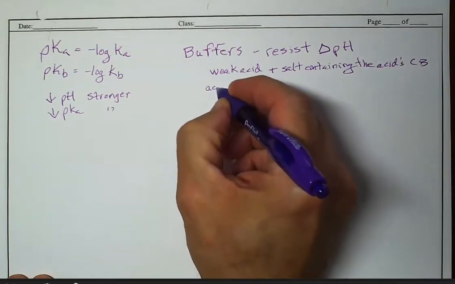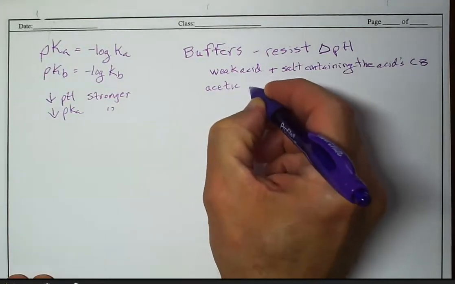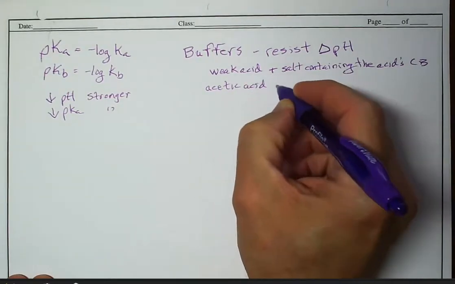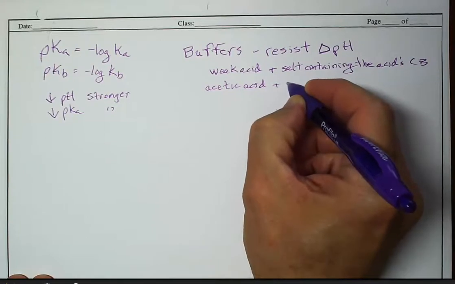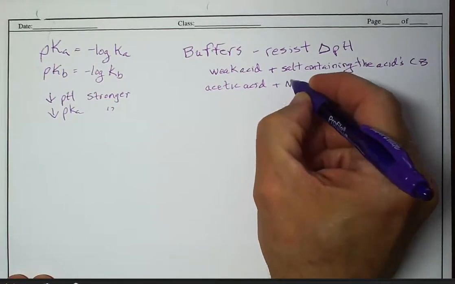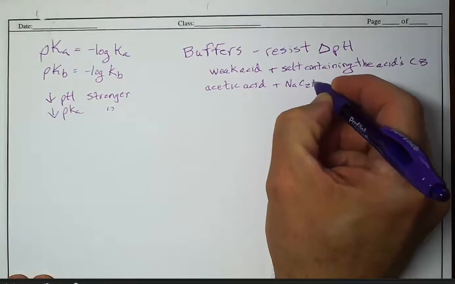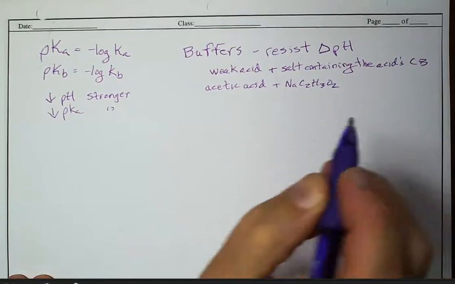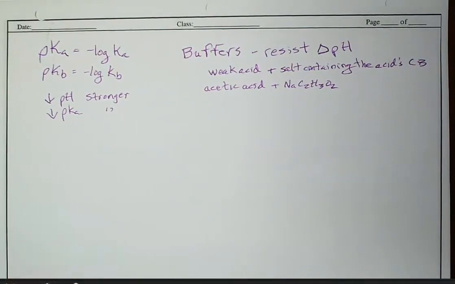So as an example, we might take acetic acid and sodium acetate. I'll just do the simple formula for that. So that combination will create a buffer, and it will hold a steady pH.